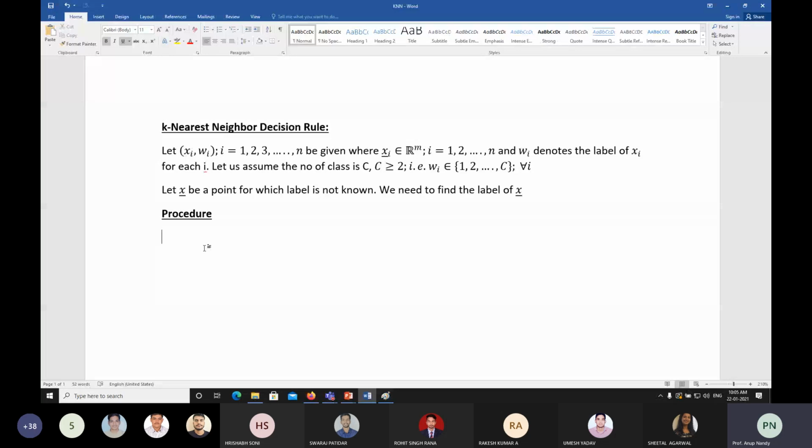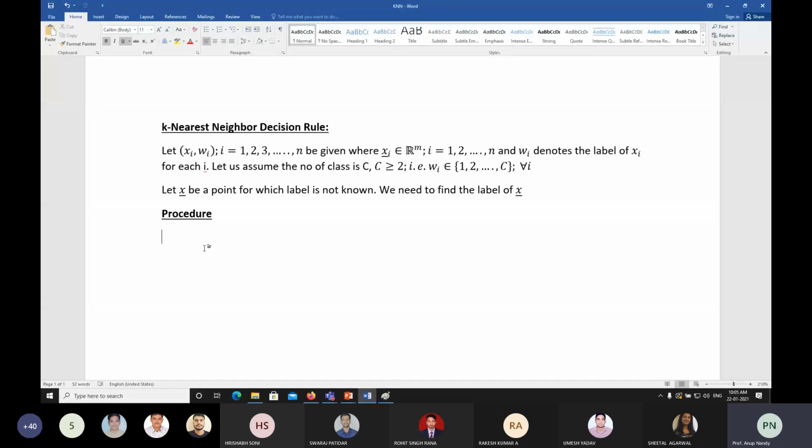So the samples x1 come from W1, x2 samples come from W2, and for each xi you have the n-dimensional data, where xi is in R^n for all i equal to 1 to n.